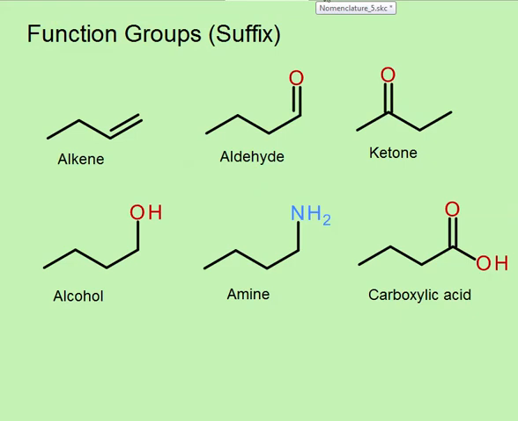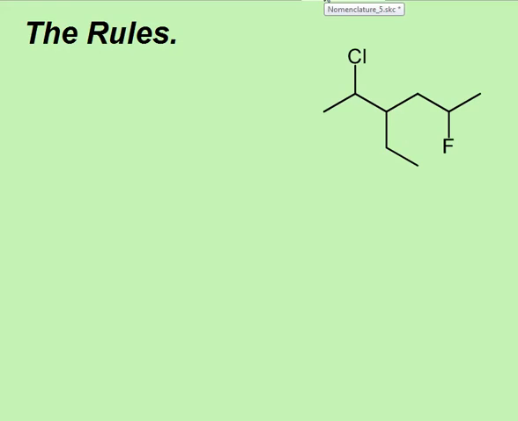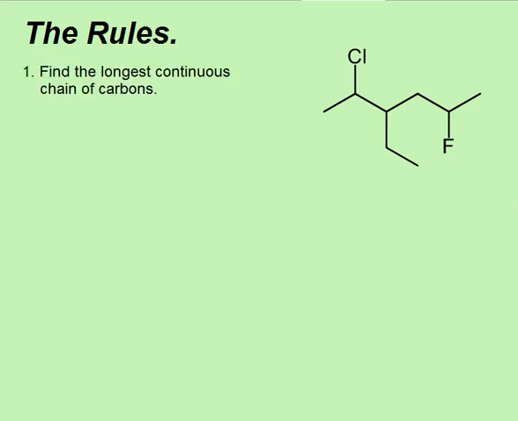So let's look at some examples and build our molecule up based on these rules. So rule number 1 is just find the longest continuous chain of carbons. Now as we look at our example here, we could start here and head to the right to give us 1, 2, 3, 4, 5, 6 carbons.